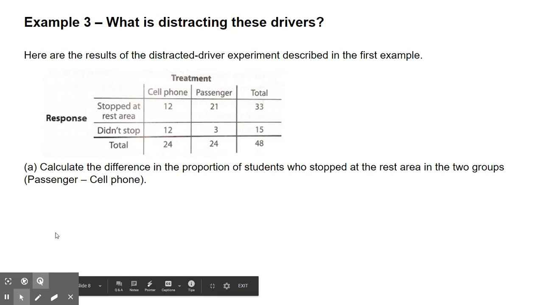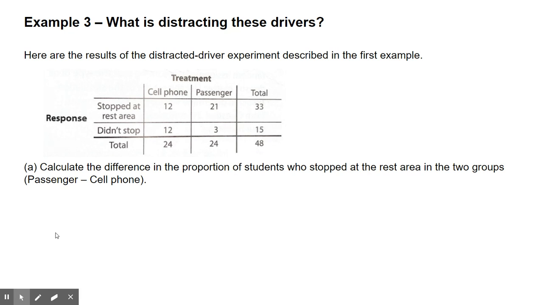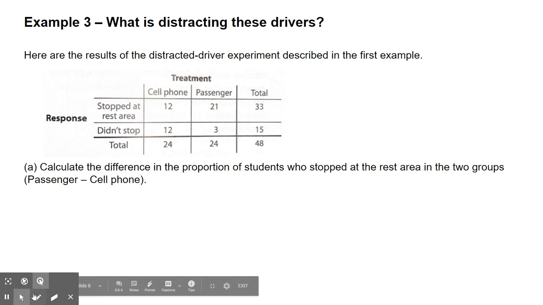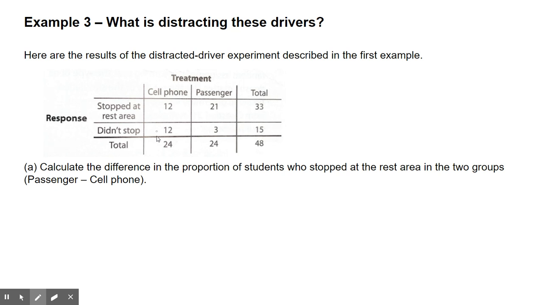All right, so this is broken into 2 slides. It says, example 3, what is distracting these drivers? Here are the results of the distracted driver experiment describing the first example. Calculate the difference in the proportion of students who stopped at the rest area in the 2 groups. So we are looking at those who stopped out of the passenger group and those who stopped out of the cell phone group. So my passenger group, 21 stopped.